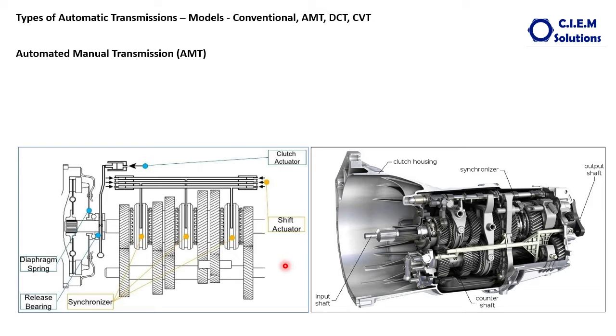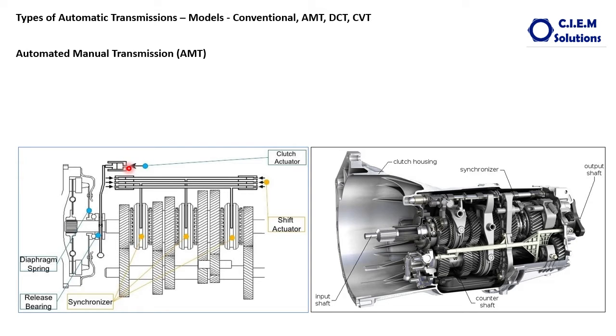But the difference is that the clutch operation and the gear shifting operation will be taken care of automatically through electronics or electro-hydraulics. What happens? Instead of pressing the pedal manually as and when required, the clutch actuator operates through the hydraulic fluid.